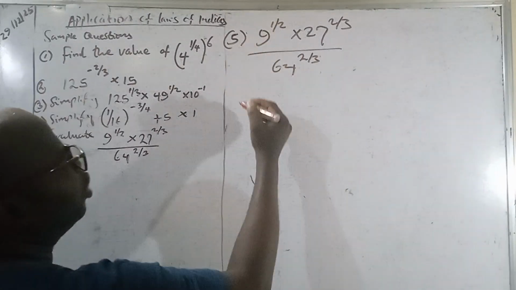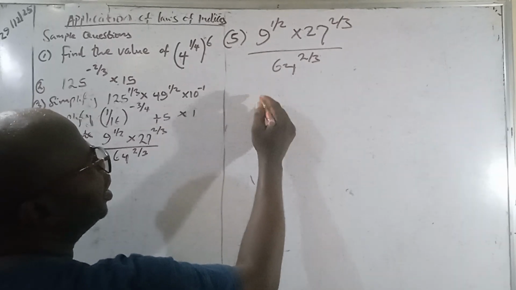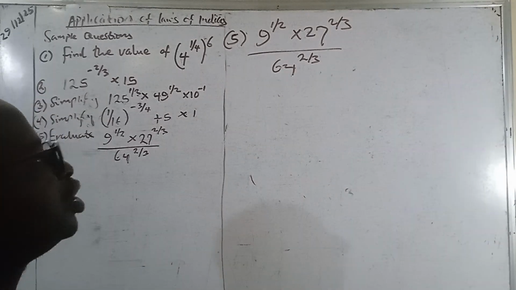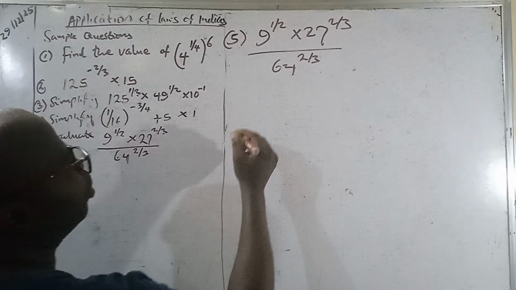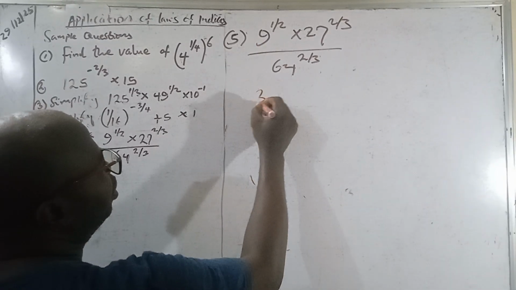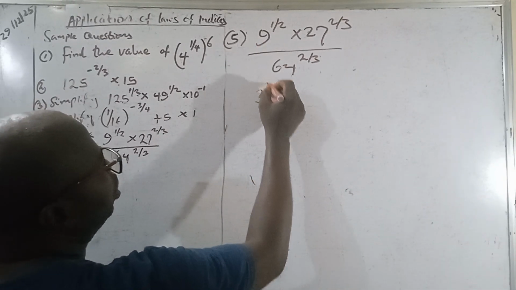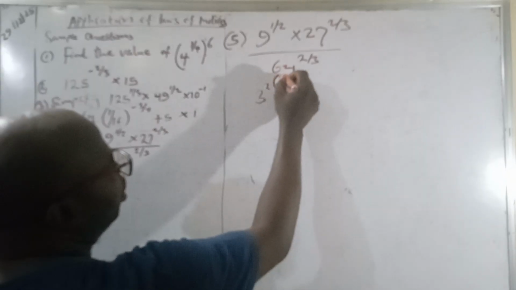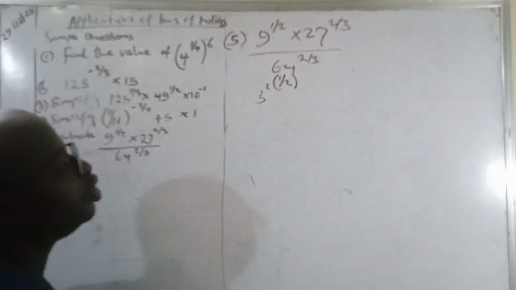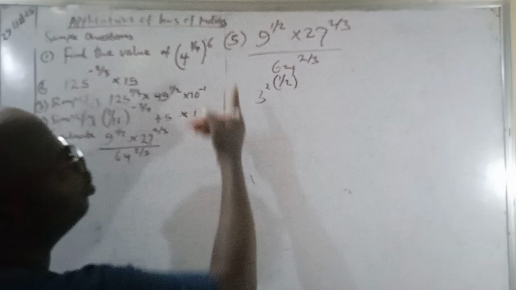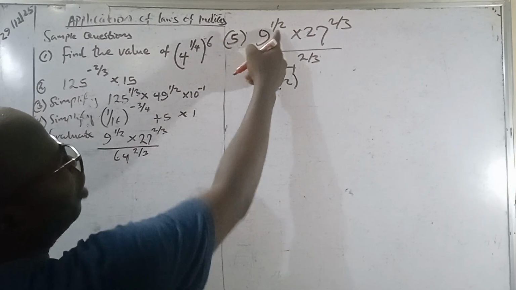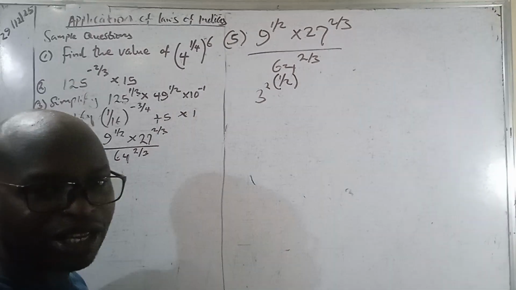Okay, 9 raised to power 1 over 2. That tells me there are 2 ways of doing this actually. So you might want to say this is the same thing as 3 raised to power 2, because 9 is 3 raised to power 2 raised to power 1 over 2. Then that results to a double power, right? Then you can as well say 9 raised to power 1 over 2, which is a fractional index, right?